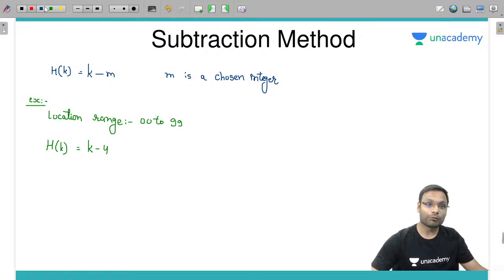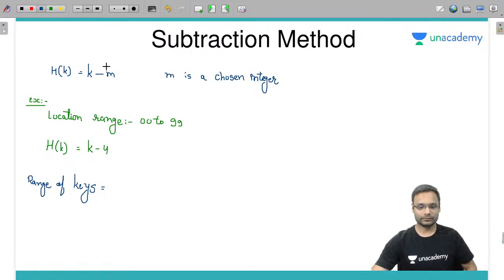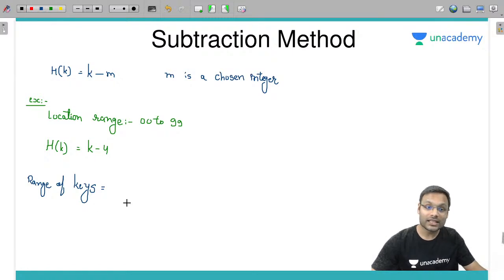So what range of keys can you store here? You have to give the answer. The range of keys which you can store is between 4 to 103. Are you agree with me? How? If you store 4, 4 minus 4 is 0.